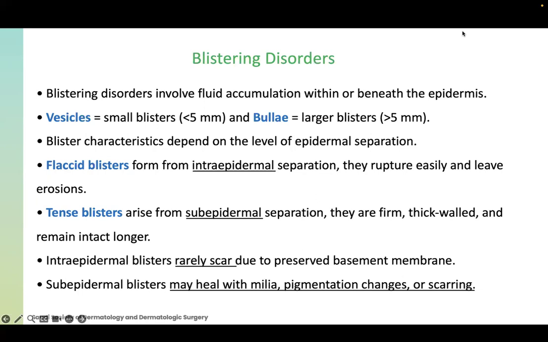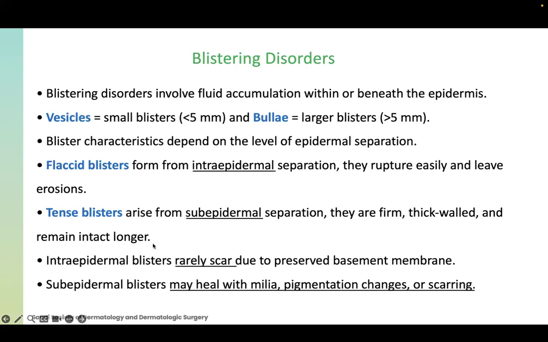Then we have the tense blisters. Tense blisters usually arise from the subepidermis, the separation is in the subepidermal layer. So usually you can see them. Sometimes they rupture and erode, but most of the time they are visible, and the patient can tell you that there's a blister.